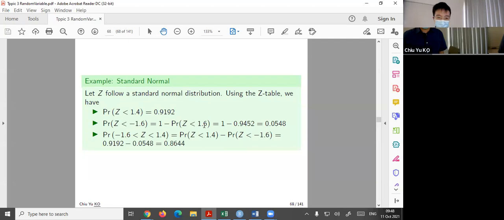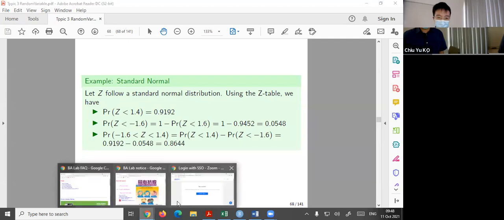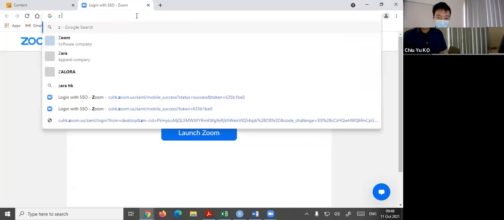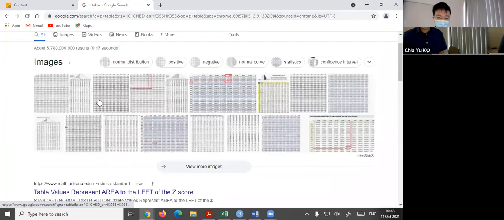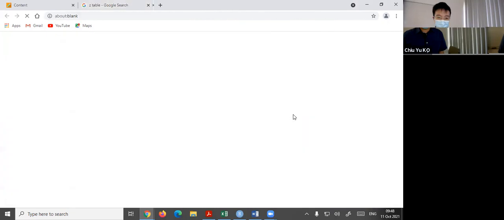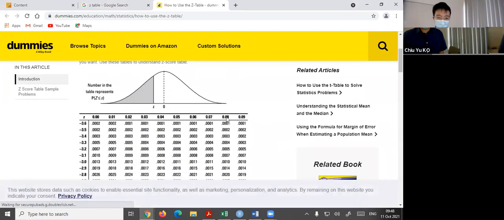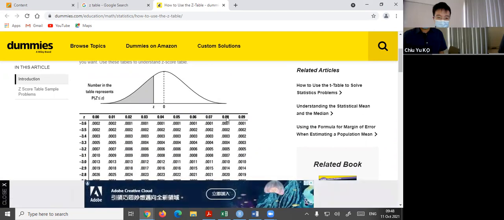Maybe I should show you how to look at the table. This is the Z table; let's look at a very standard one from the web. This one gives all the negative values, but they are the same thing: basically the area on the left-hand side.